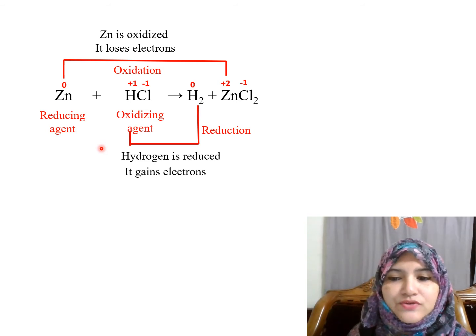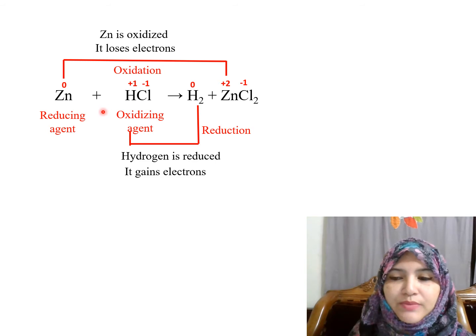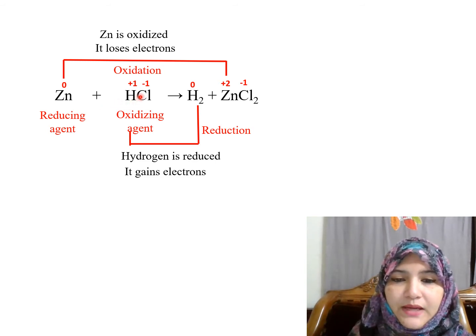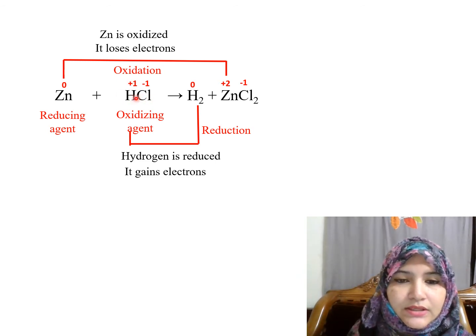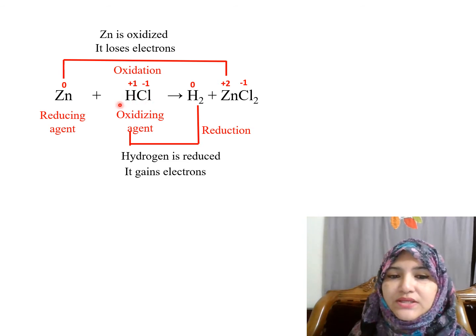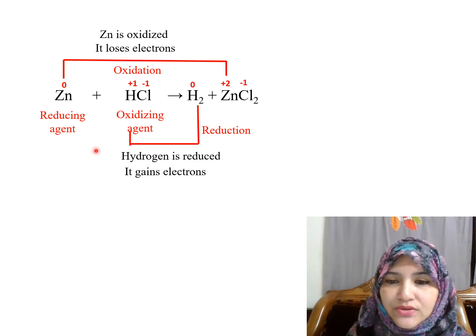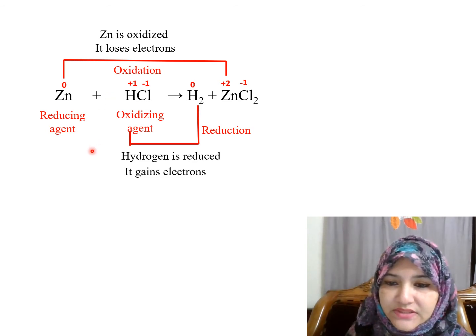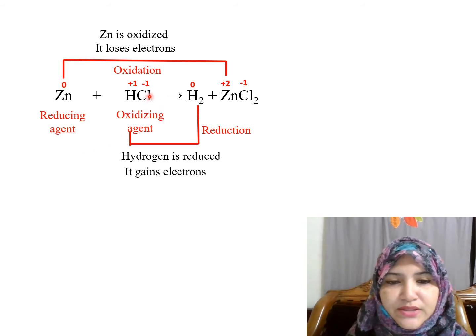Whenever hydrogen is bonded with a non-metal, it's going to have a +1 oxidation state. Here hydrogen is with chlorine. Chlorine is a non-metal, so hydrogen uses +1, which means chlorine has to be -1.